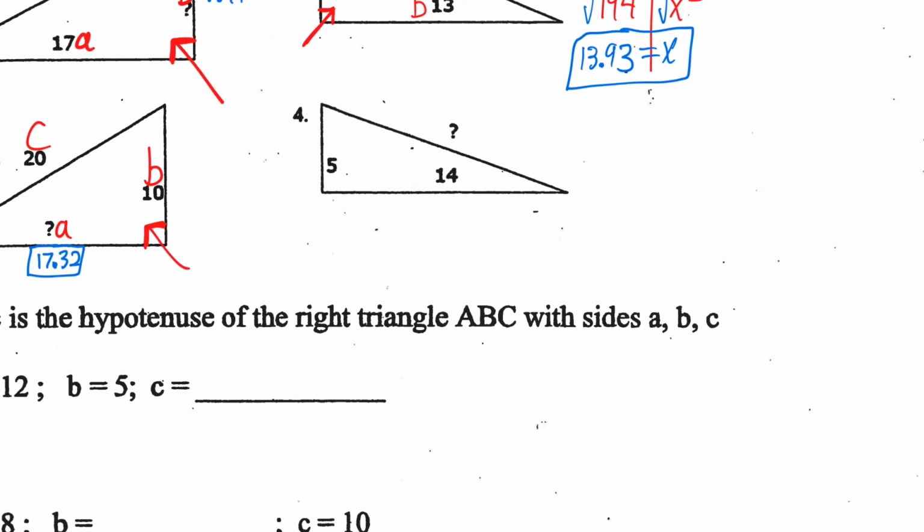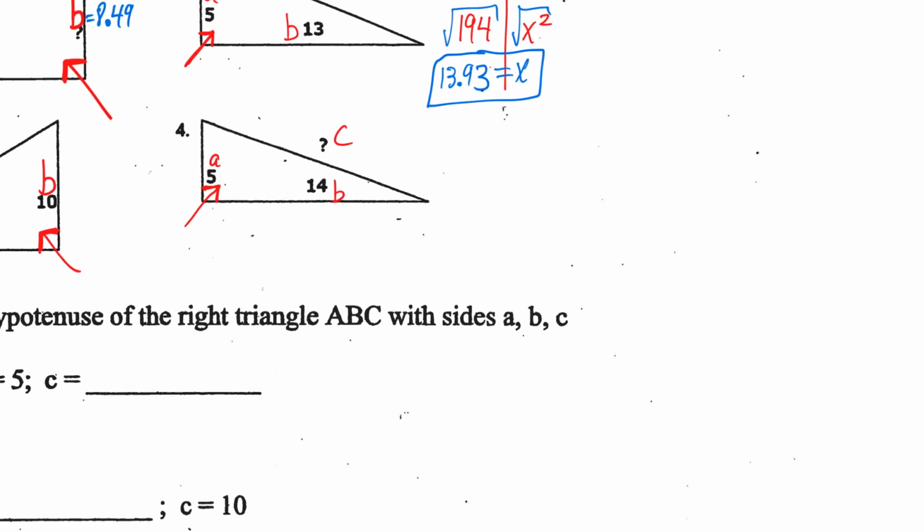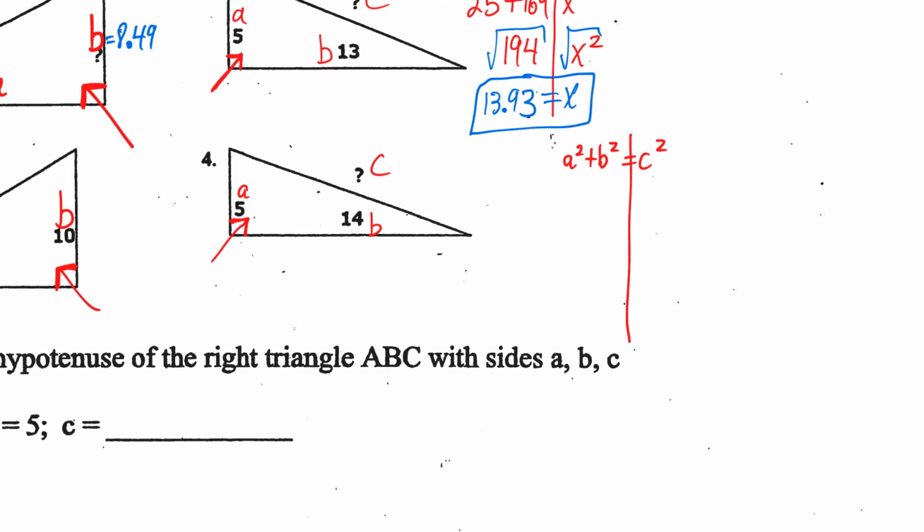All right, number 4. So here's my right angle right here. It's an arrow pointing towards that. So there's my C. Here's my A and B. So A squared plus B squared equals C squared. So what's that going to look like on this one? 5 squared plus 14 squared equals x squared. There you go.